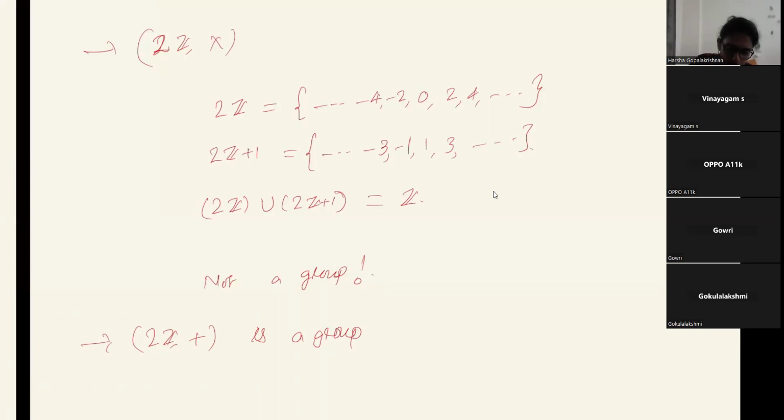Okay, so let us move to the next question. Before that, let us see some conditions to check whether a function is surjective, bijective, or injective.